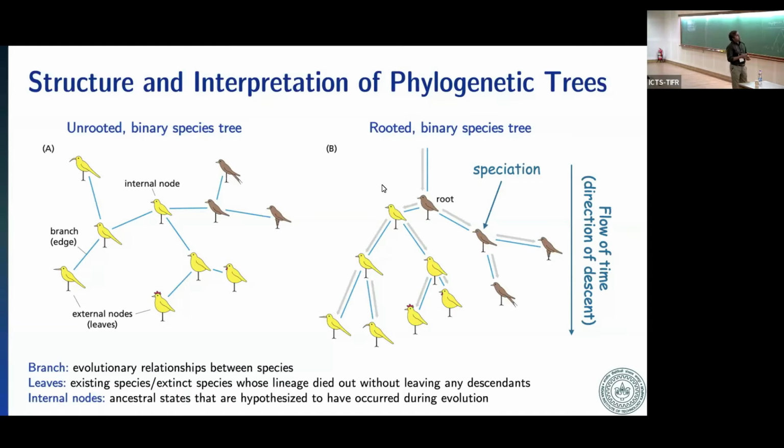And ultimately, these branches are connecting different nodes, and they correspond to the evolutionary relationships between the different species. So if you have all these different things, that is, internal nodes as well as external nodes, and the branches, then you have the overall phylogenetic tree structure.